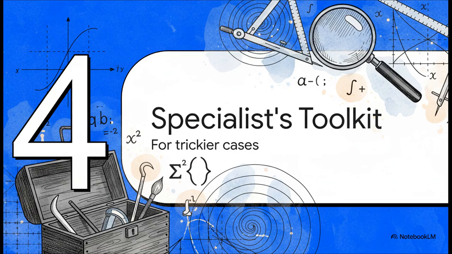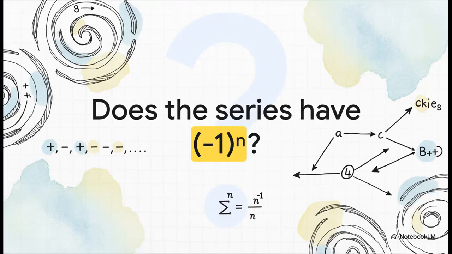All right, so let's say you've done the divergence test, and it's not a clear-cut geometric or p-series. No problem. Now it's time to open up our specialist's toolkit. This is where we look for more specific clues to pick the right advanced tool for these trickier cases. The very first clue is a visual one. Just look at the series. I mean, literally look at it.